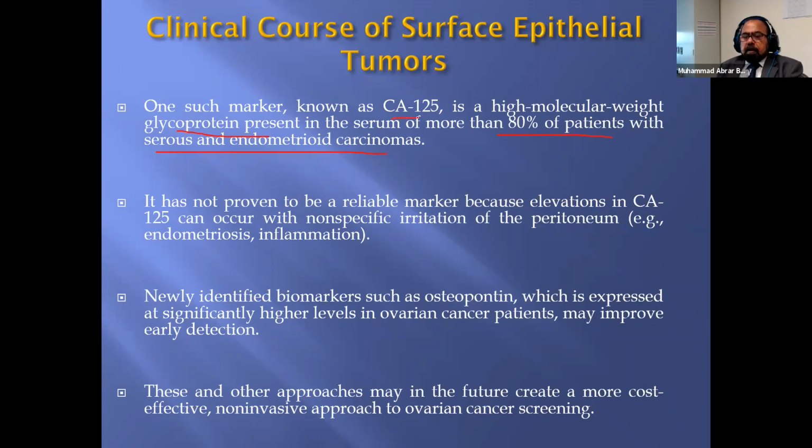But this marker, as with PSA, can be seen in inflammatory conditions, which are non-neoplastic, or in endometriosis. So CA125 can be high, but we can see how high it is, because in tumor CA125 will be tremendously high, but in inflammatory conditions it is low.